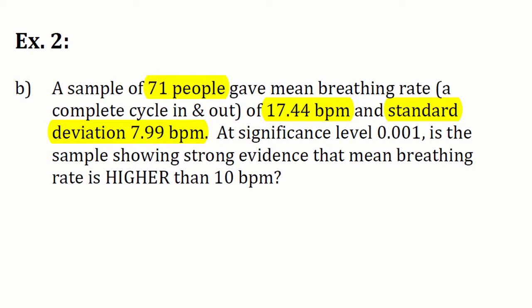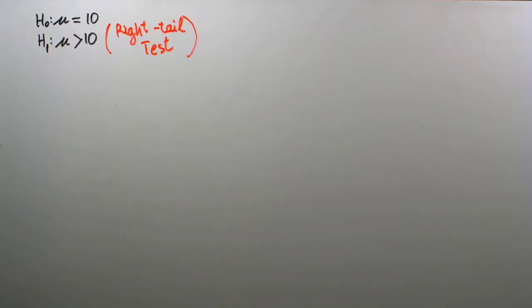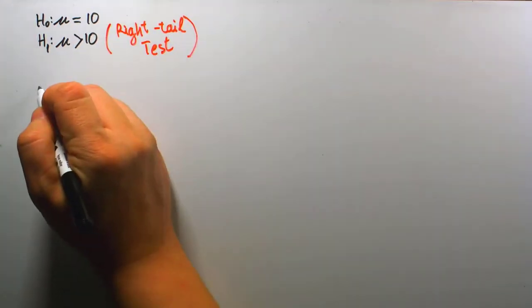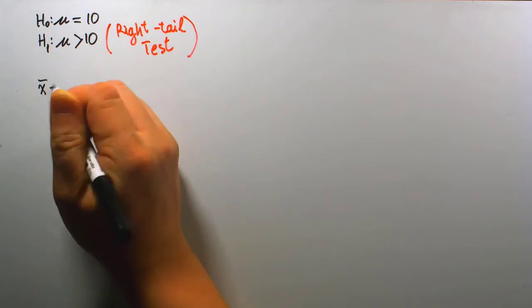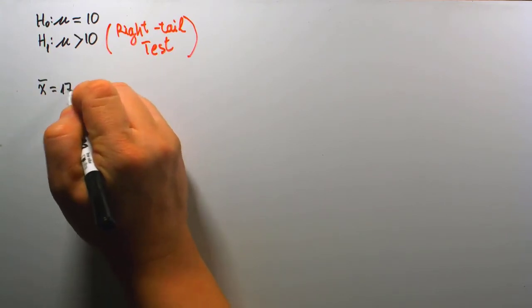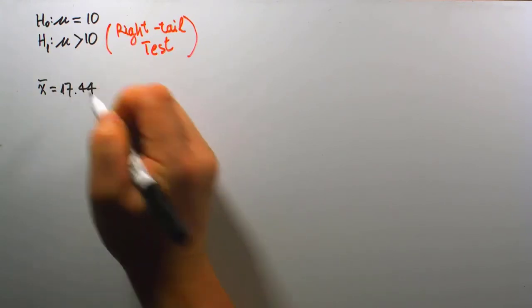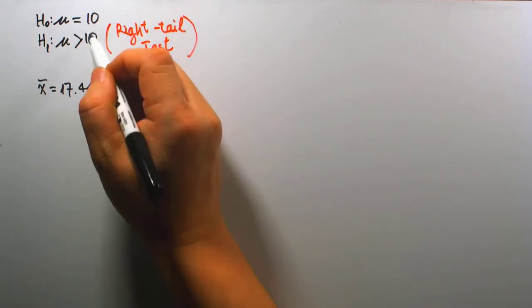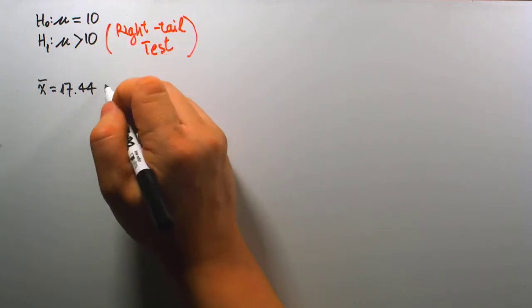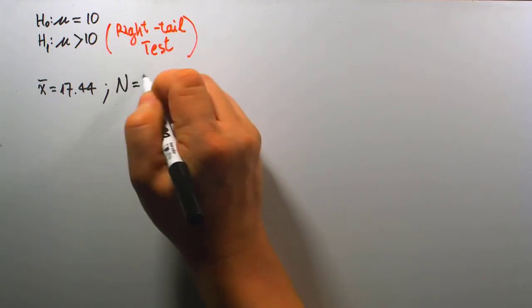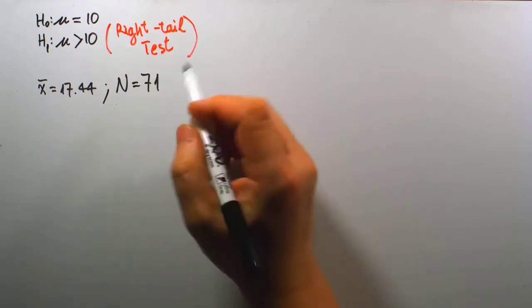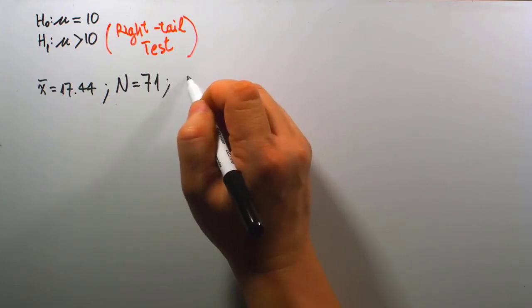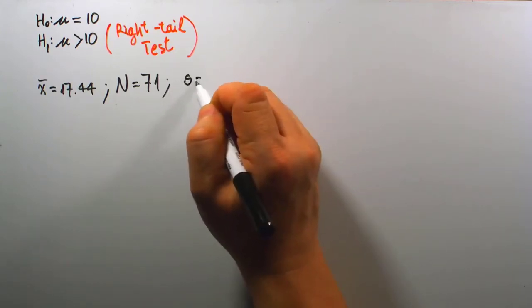Or in other words, as far as given information, we have an X bar given at 17.44. That's our sample mean value that we're using to test this hypothesis. Our sample size is at 71, or n equals 71. Our sample standard deviation is notated by lowercase s equals 7.99.